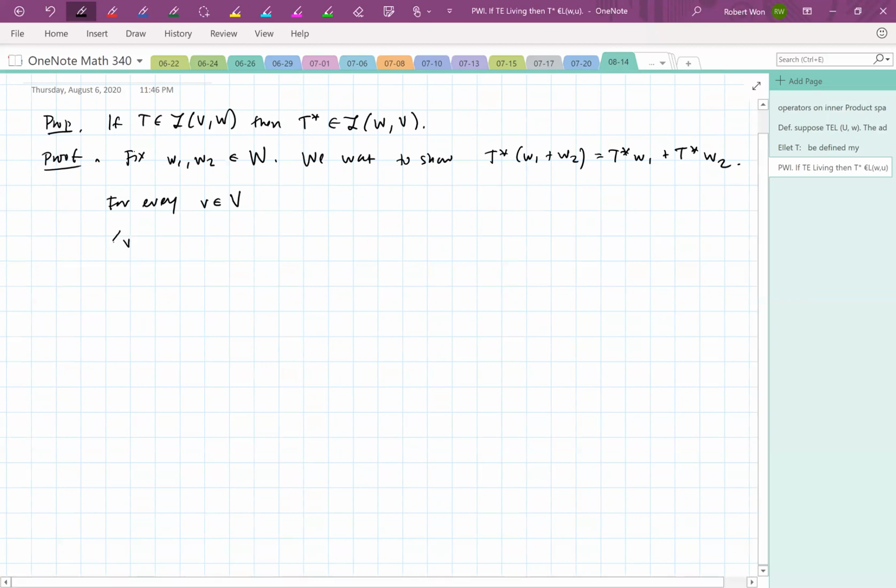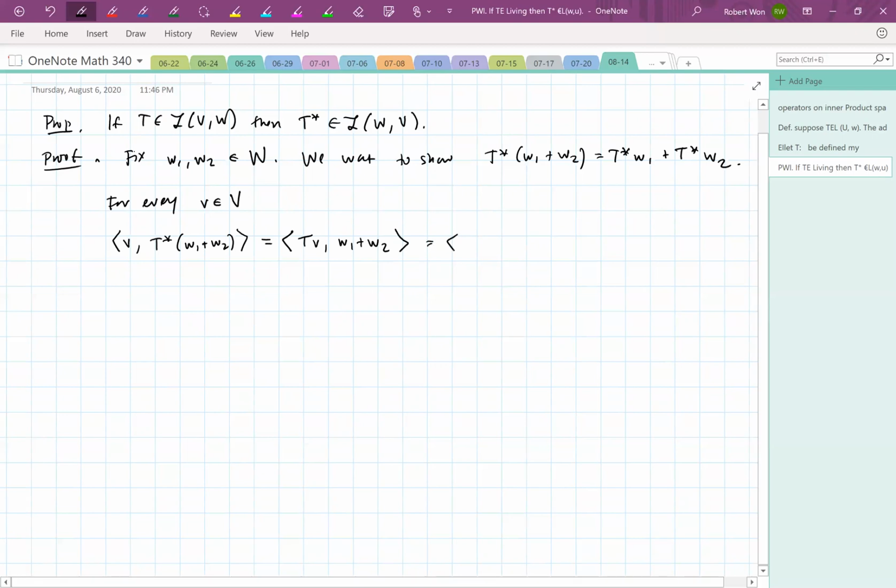So V, if you take the inner product of V with T star of a vector, it's the same thing as taking the inner product of TV with just the vector. This is by the definition of the adjoint.